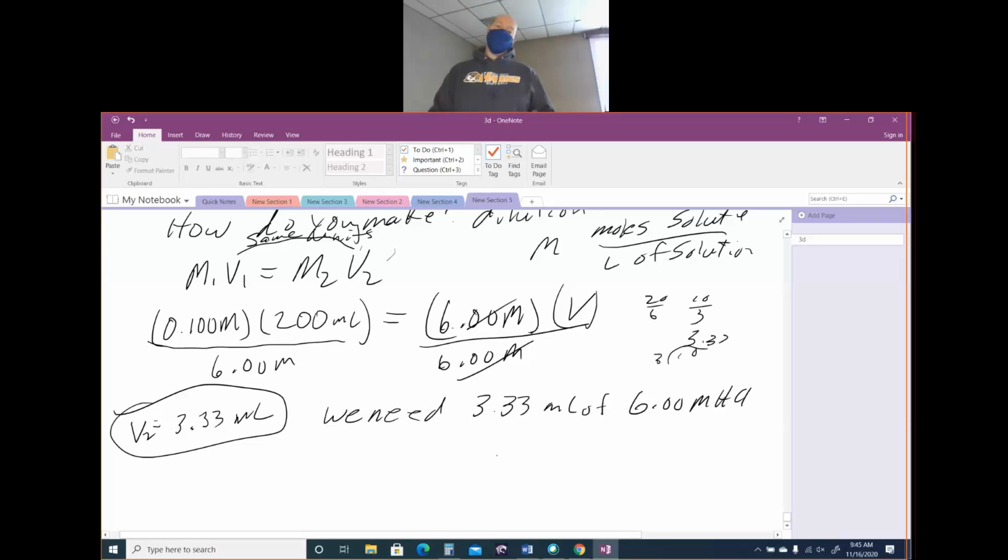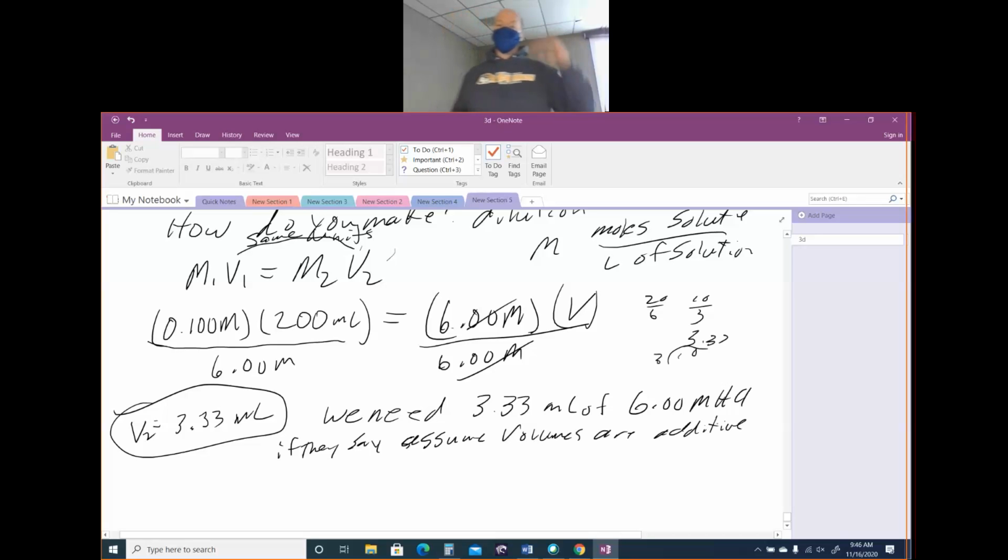All right, for something this dilute, if they say assume volumes are additive. Sometimes you mix 2 solutions and the volumes, if you mix 10 mils with 10 mils, like alcohol with water, you get 18 mils.